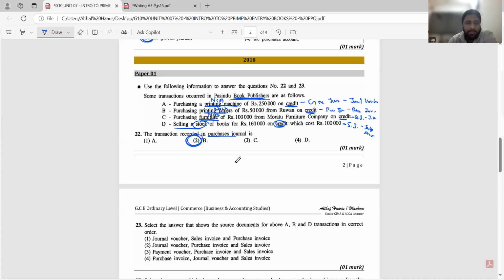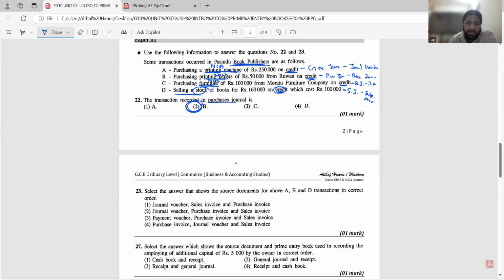Next. Select the answer which shows the source documents A, B, D. So A, journal voucher. B, purchase invoice.